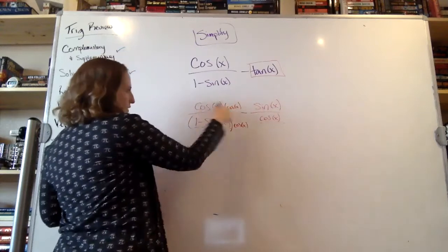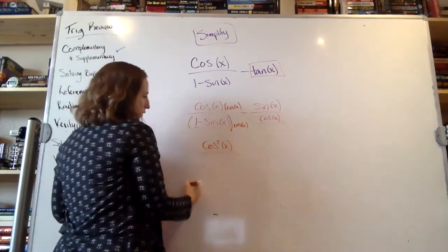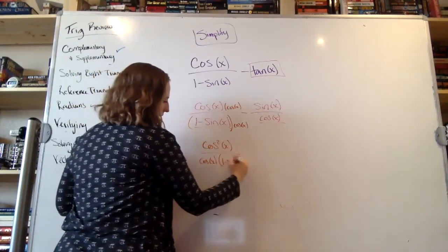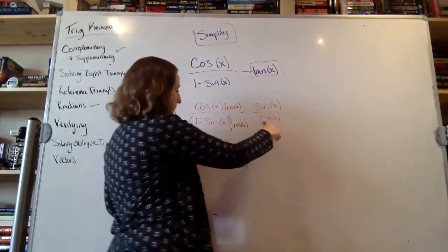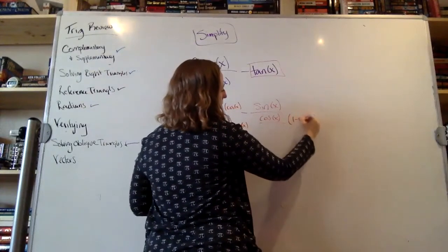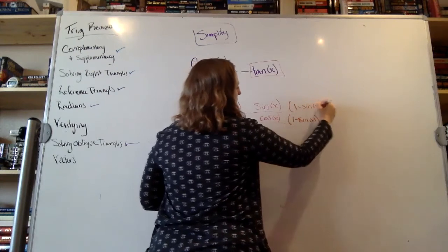So that's going to give me cosine times cosine is cosine squared of x over cosine x times 1 minus sine x. Okay. Minus, over here, I'm missing the 1 minus sine piece, so I'm going to multiply top and bottom by 1 minus sine. Okay.